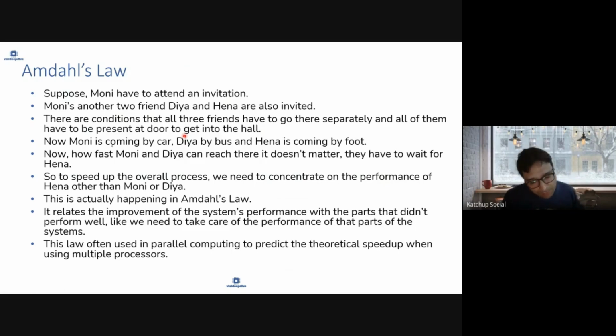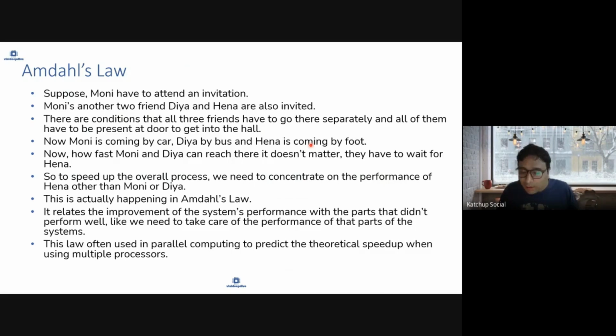Now, Moni is coming by car, Dia is coming by bus, and Hina is coming by foot. So basically, all three have to reach together to get into the party, but they're using different means of transport, so they have different individual speeds or performance.